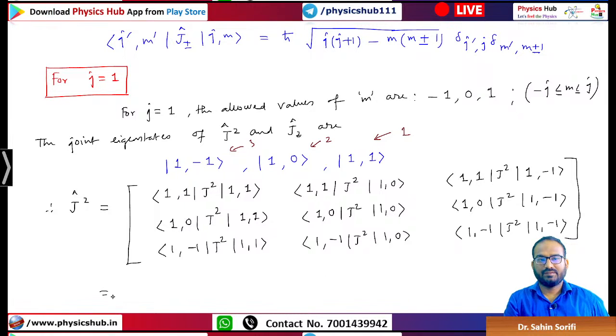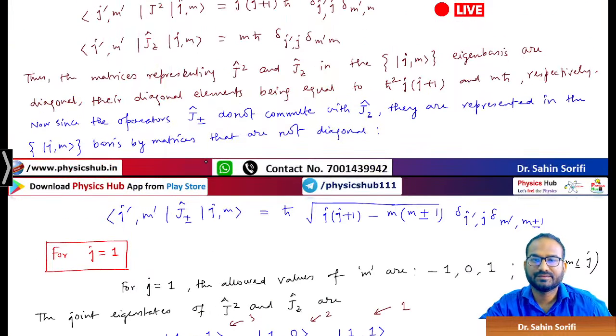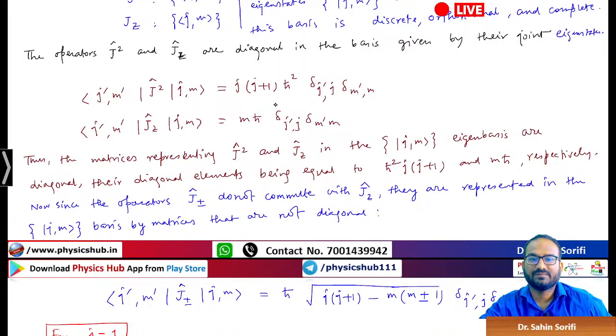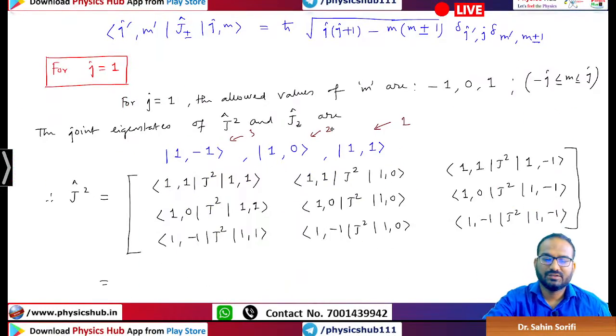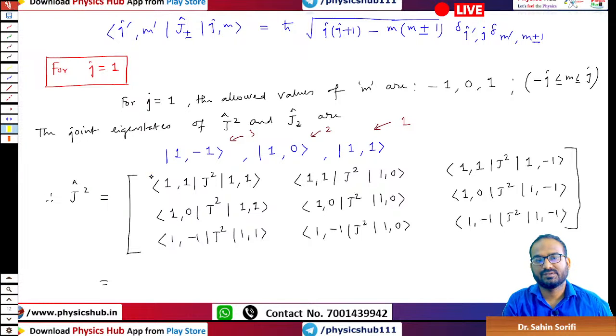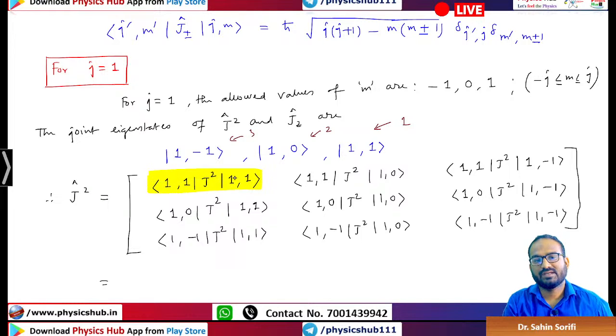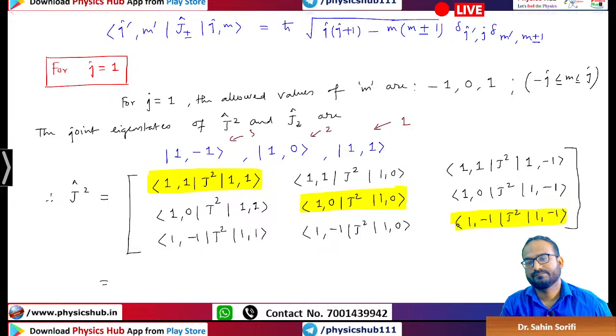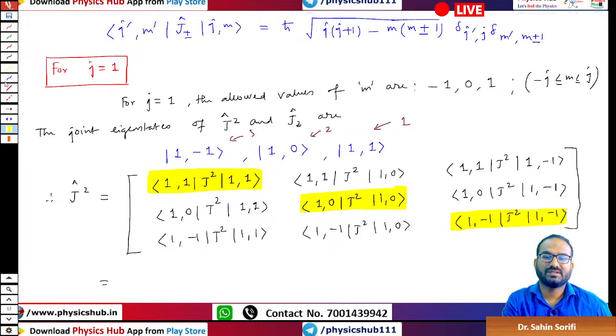Now use this formula, this relation. What you have: ⟨J′ M′| J square |J M⟩. It is when J′J and M′M both are equal that it will give you J(J+1) ħ square, otherwise it will be 0. So only diagonal terms will survive. If you look at it very carefully, only the diagonal terms are the terms where J′J and M′M both are equal, and for all others they are not equal.